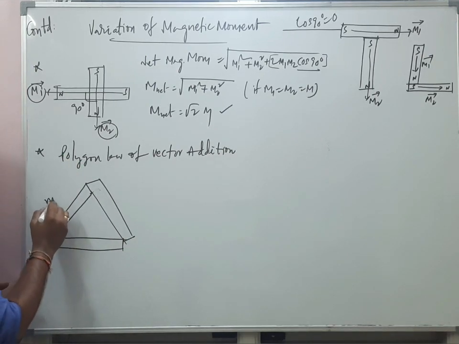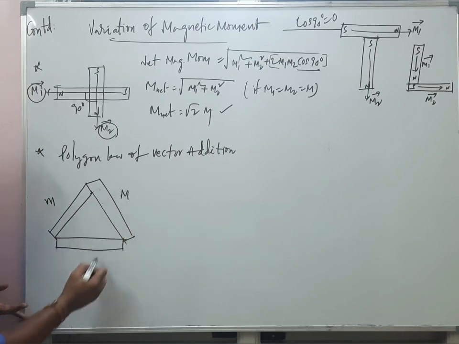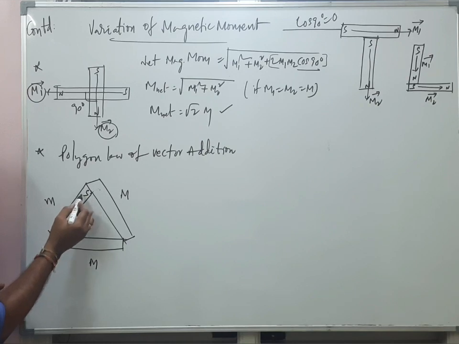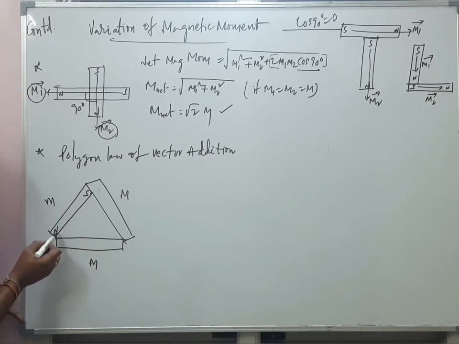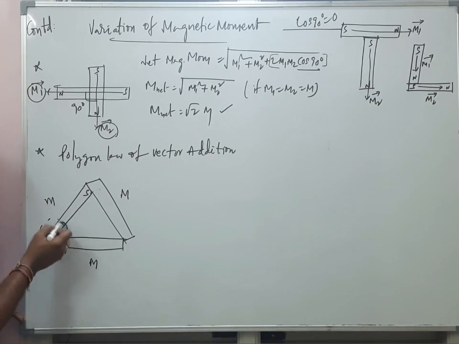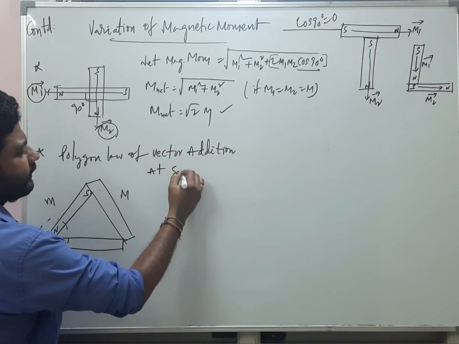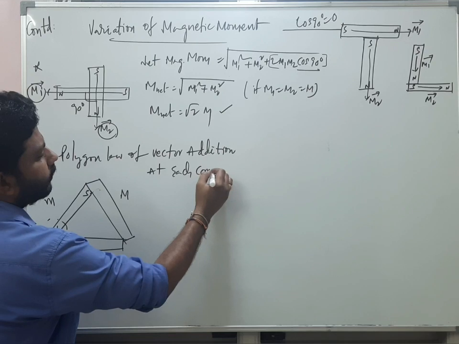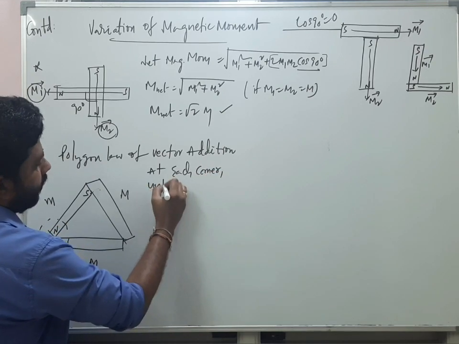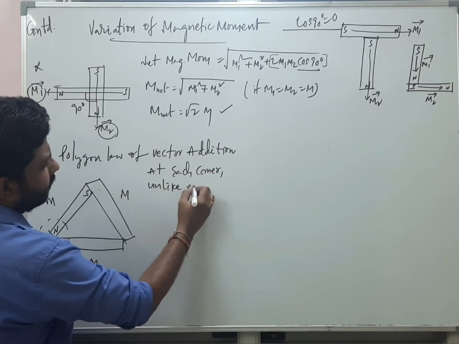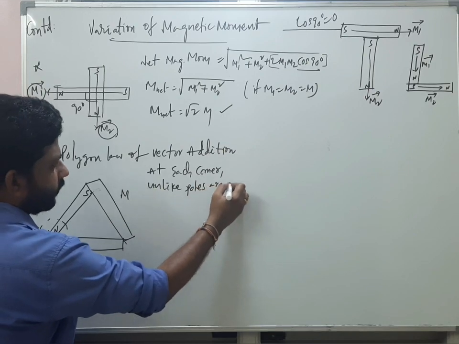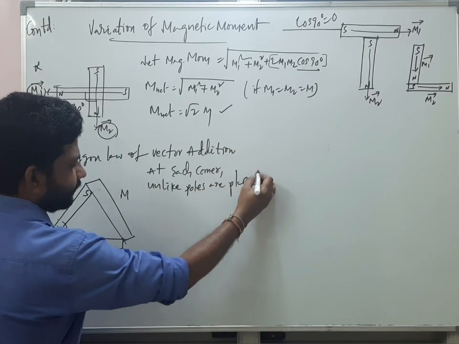Each magnetic moment is M, capital M. This is the south pole and north pole, and you can see at each corner unlike poles are placed. I'm writing here, at each corner unlike poles are placed.